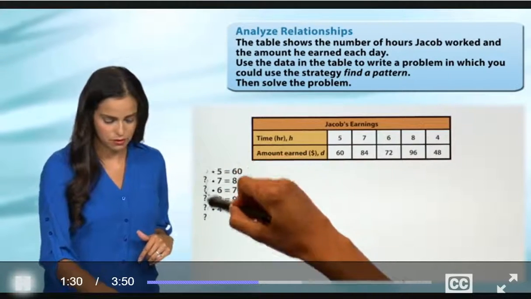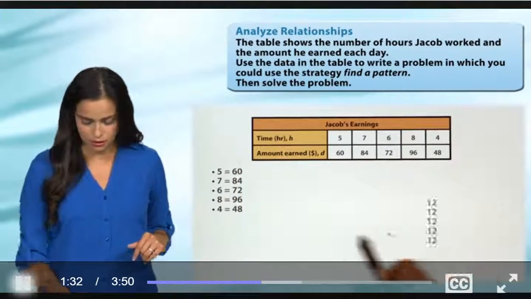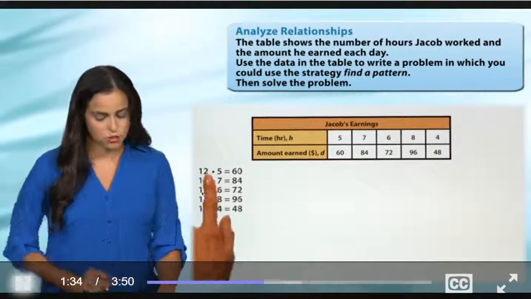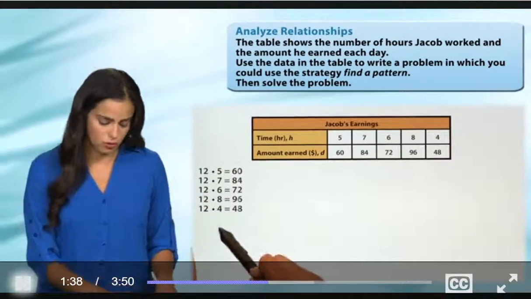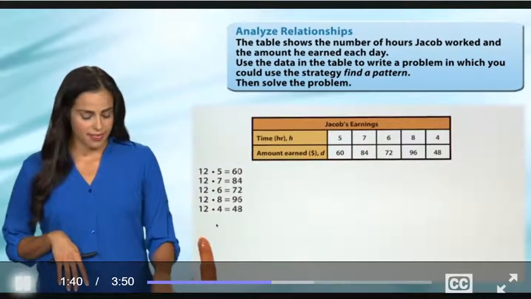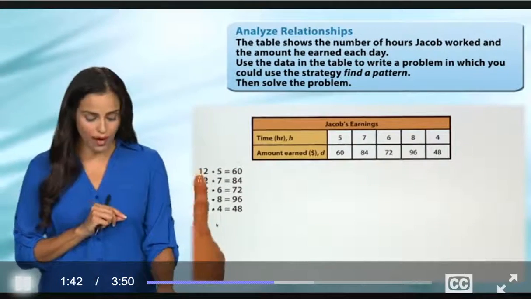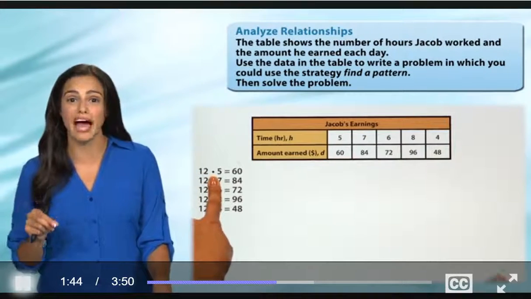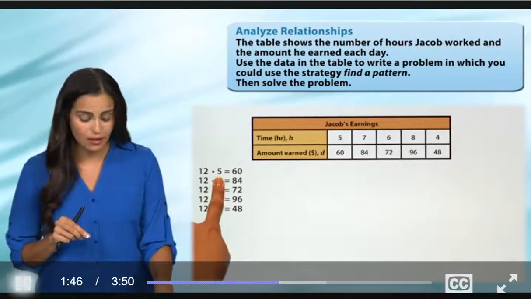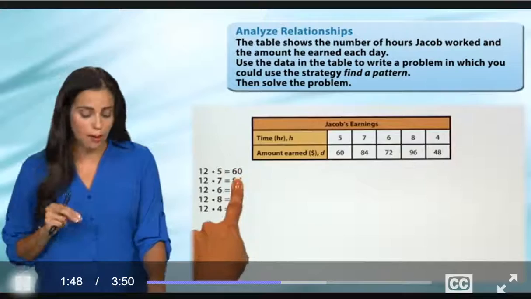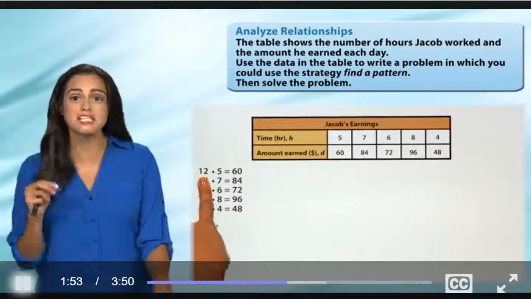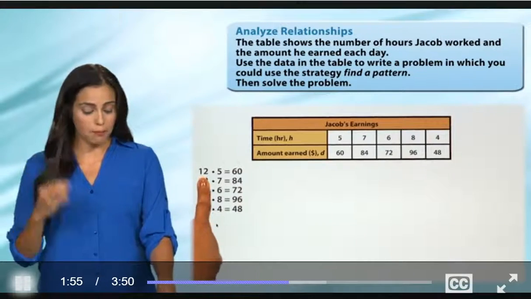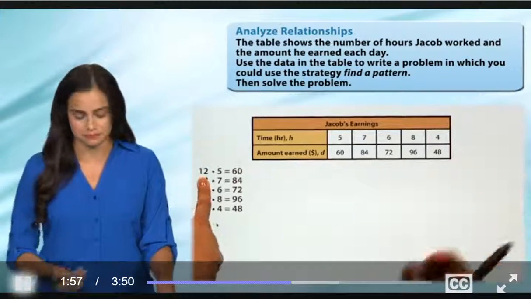Let's get rid of our question marks and bring in our 12s. 12 times 5 is 60, 12 times 7 is 84, and so on. So if we multiply 12 times the number of hours he works for that day, we get the dollar amount that he earned. So 12 must be the money he earns per hour.